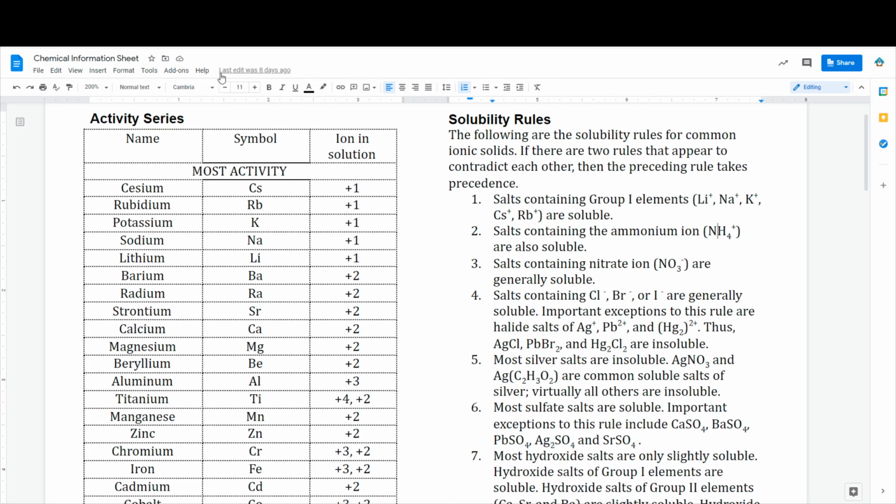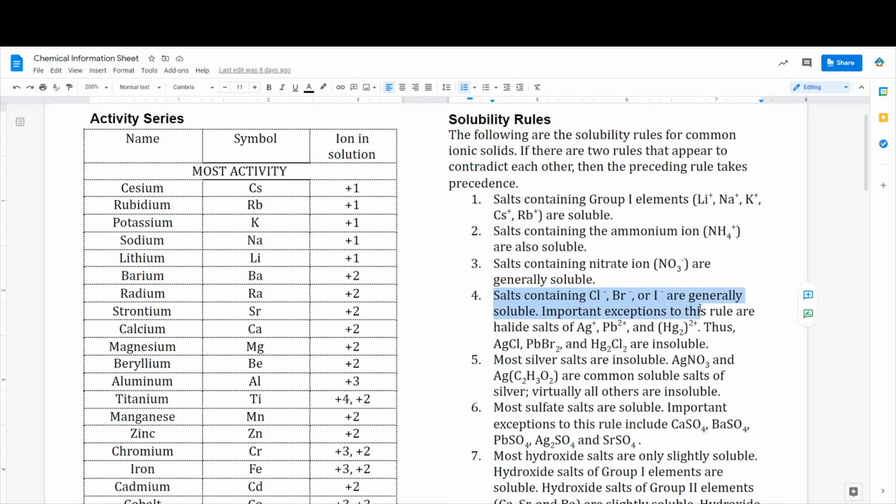So for example, AgCl, that's our salt. Well, AgCl doesn't contain ammonium. It doesn't contain nitrate. It does contain chloride, Cl-. So let's read this rule. Salts containing chloride, bromide, or iodide are generally soluble.